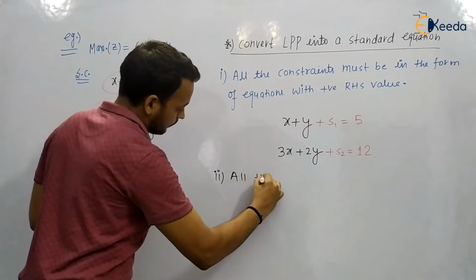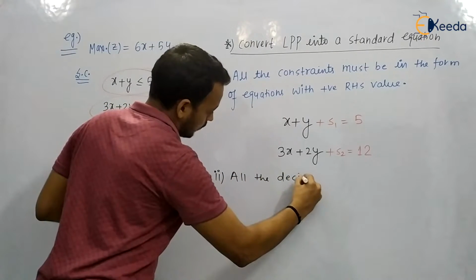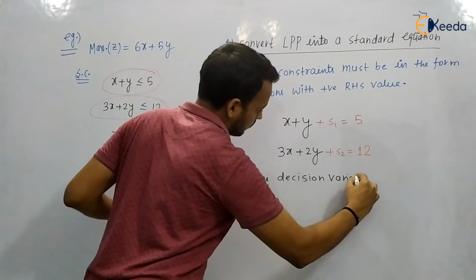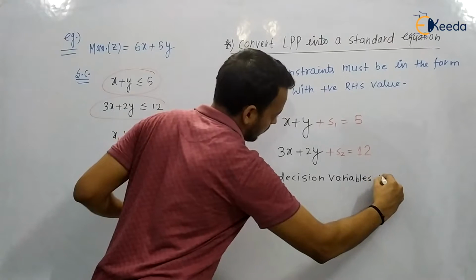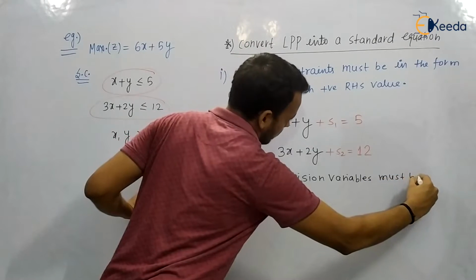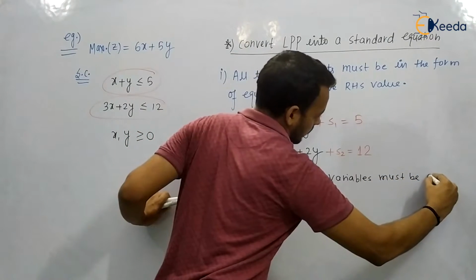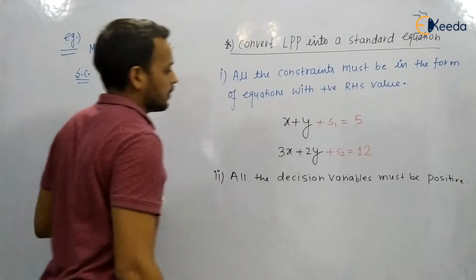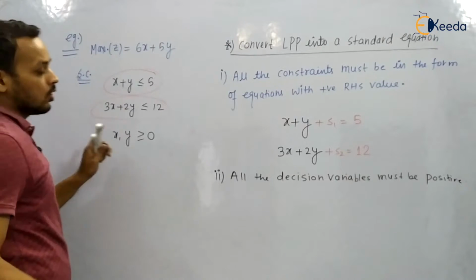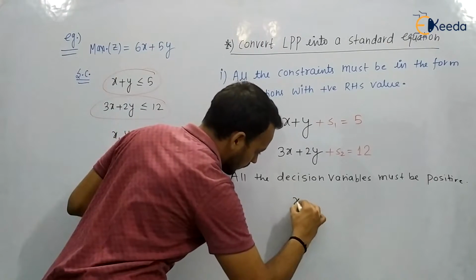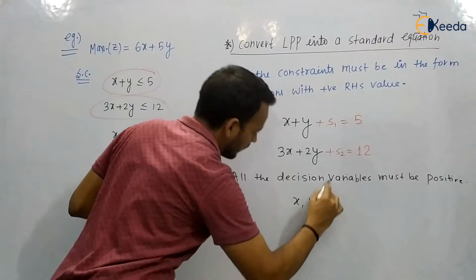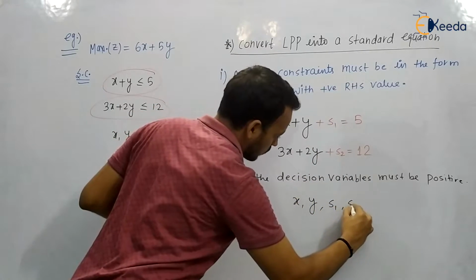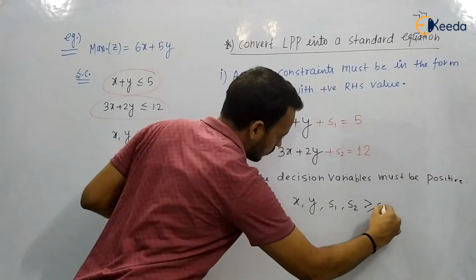The second statement says that all the decision variables must be positive. Here our decision variables are already positive, so no need to worry. x, y, and two more variables came, s1 and s2, all are greater than or equal to 0.